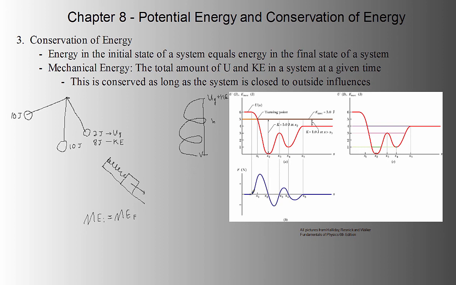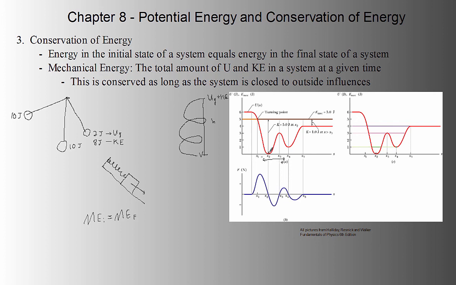And so you could basically say you have the maximum positive force here, so that's going to be pushing you in the positive direction, and so that's why you want to go this way, because the positive direction is that way, negative direction is that way, and so if you have a positive force it's going to be pushing you that way, so you're going to be going down, sort of down in potential energy, gaining kinetic energy.